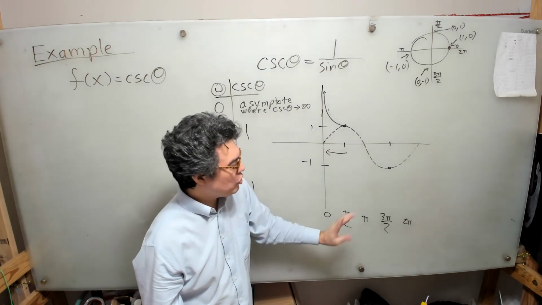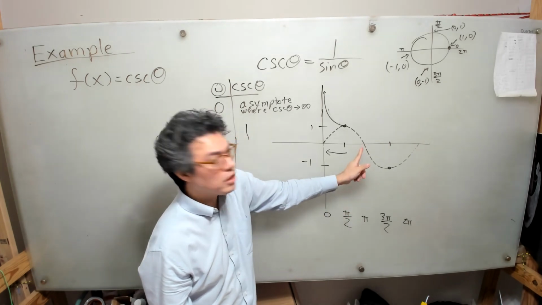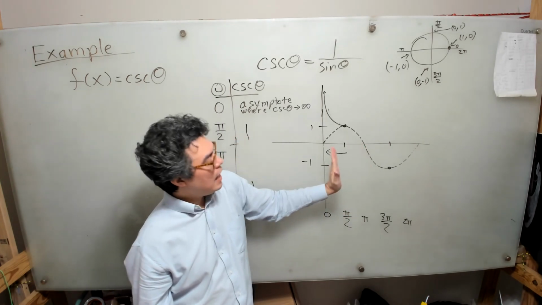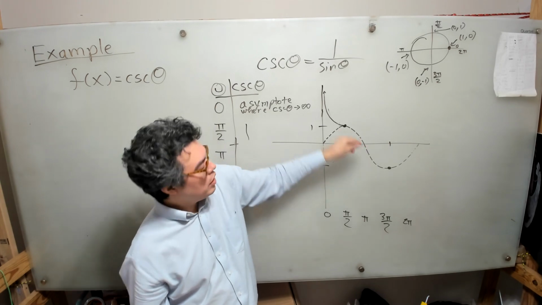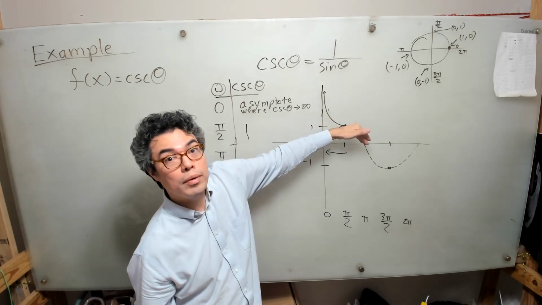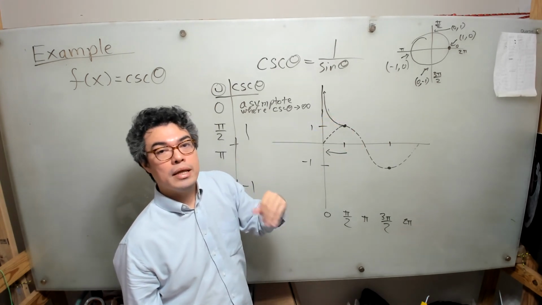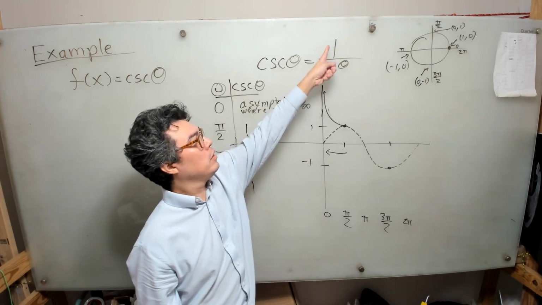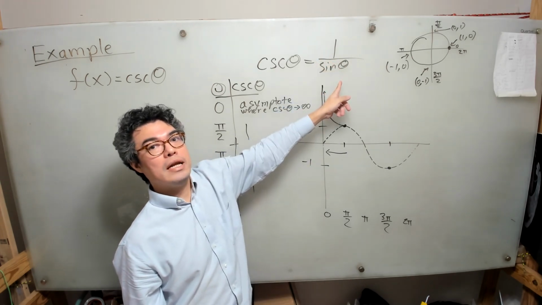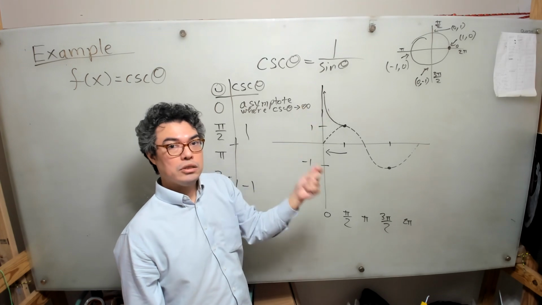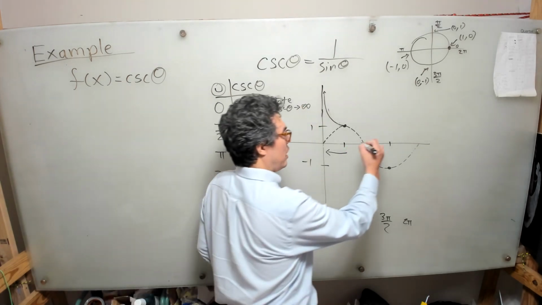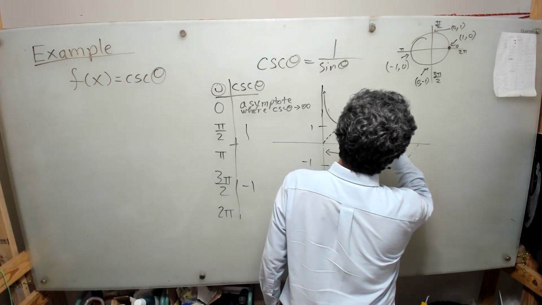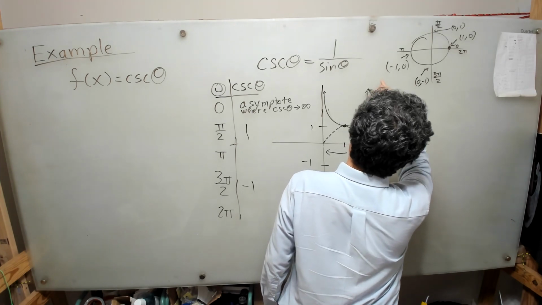As we're coming to pi rather, because pi is where the sine of theta is 0. As we come in from this direction, the sine of theta is going to 0, but it's positive. That means we're going to have 1 divided by a value that is positive, but getting smaller and smaller and smaller. So again, as we approach pi, it's going to asymptote like this.